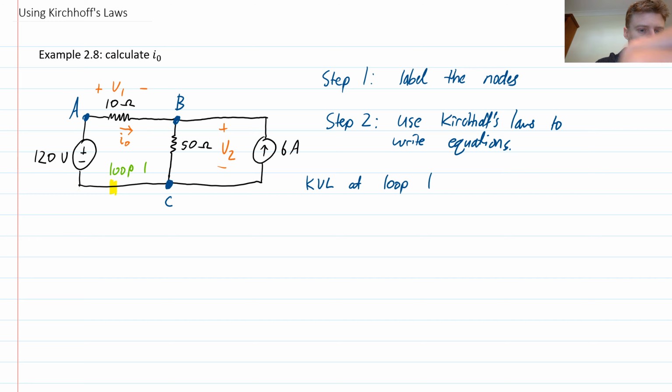Starting with KVL on loop 1, I approach the voltage source 120 volts from the negative side, so that's minus 120. I then approach V1 from the positive side, so that's plus V1, plus V2, and then I'm back to where I started. So V2 equals 0. That's the first equation that I have written down.